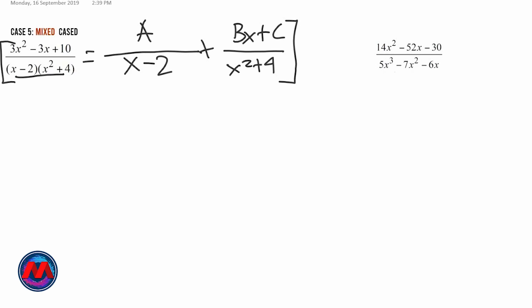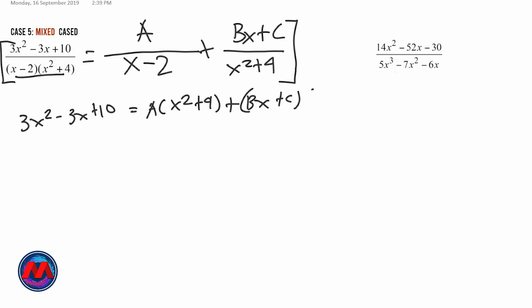So, pag multiply natin yan, yung matitira is 3x squared minus 3x plus 10, which is equals to a times x squared plus 4 plus bx plus c times x minus 2. Alright. Kung mapapansin nyo, pwede natin gawin yung dati nating ginagawa na mag-substitute tayo ng value ng x para maging 0.